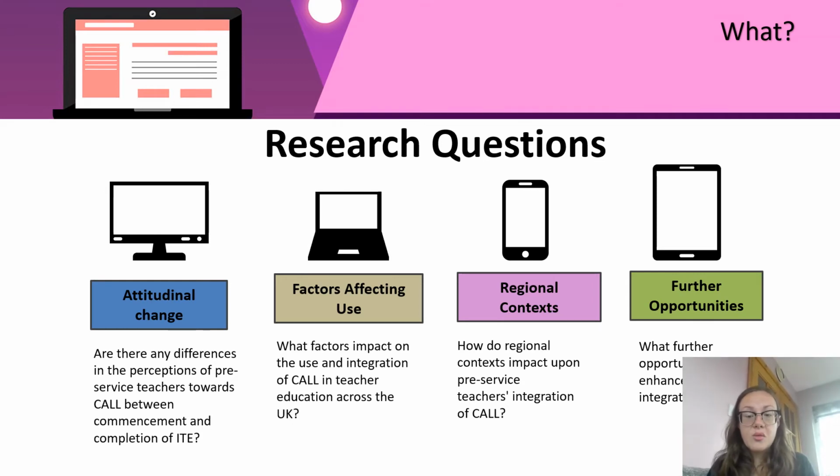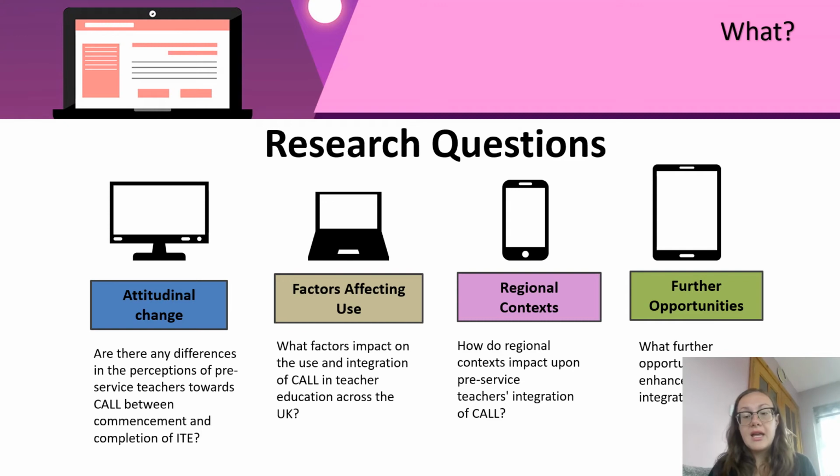Then the second research question was around factors affecting use. So what are the key issues driving student teachers towards using CALL, or what are the things that are maybe inhibiting its usage? Then the regional context was the third focus, and this was important because the study was being conducted across all 4 UK jurisdictions.